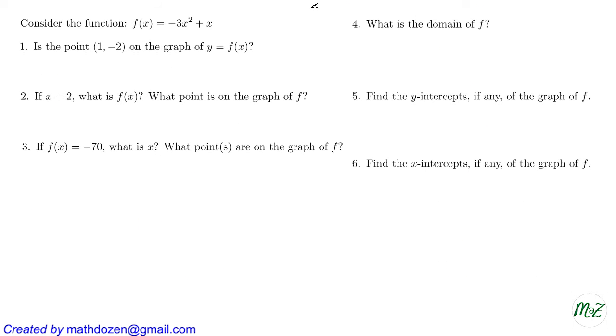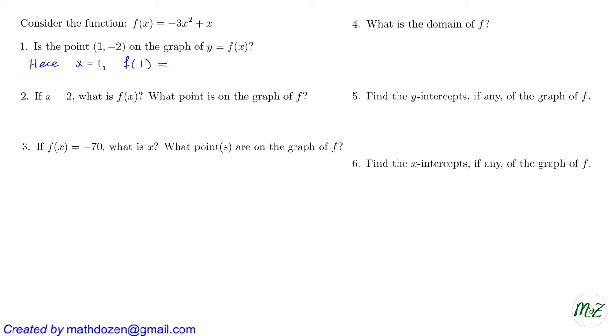So we're going to answer the following 6 questions about the function negative 3x squared plus x. This question asks if the point (1, negative 2) is on the graph of y equals f of x. So here we have that the x value is equal to 1 and the y value is equal to negative 2. The easiest way is to plug in x equals 1 into the y equals f of x equation and see if we get y equals negative 2.